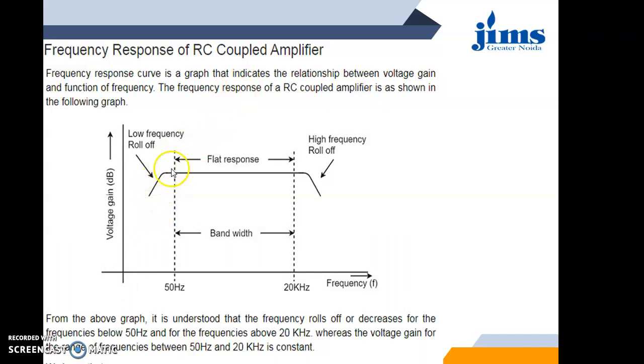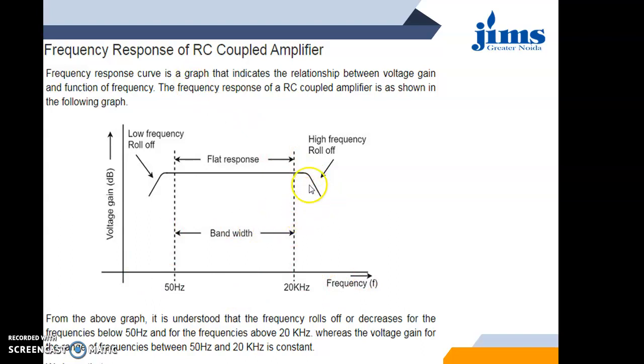So the voltage gain increases as the frequency increases, because the coupling reactance decreases. So there is one factor which increases the gain with the rise in frequency, but there is one more factor, and due to this factor the voltage gain also increases if we go from right to left.